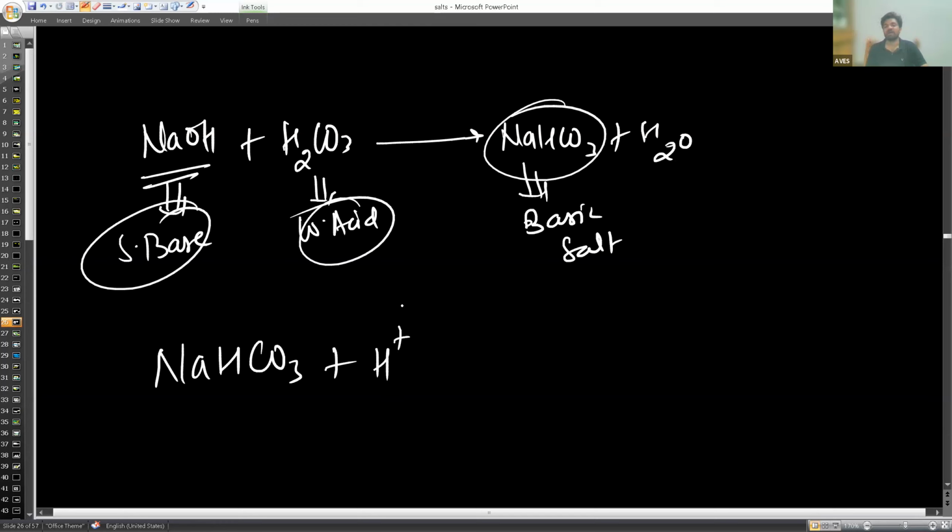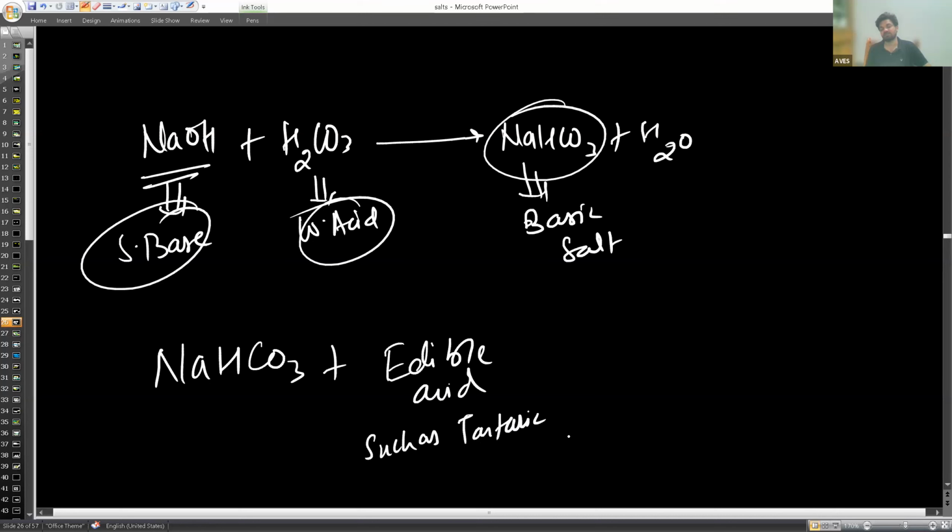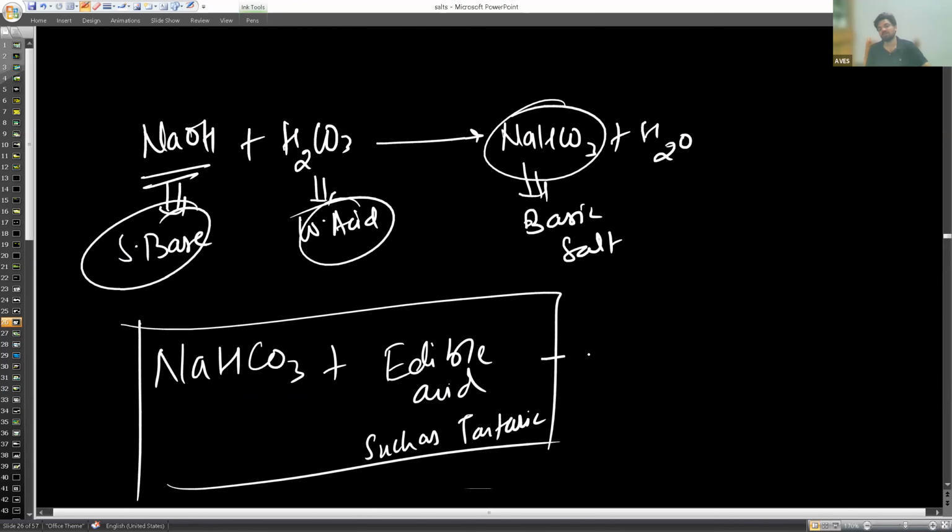I am representing acid as H plus ions, or we can write sodium hydrogen carbonate plus some edible acid, such as tartaric acid. When we mix them together, they form baking powder.